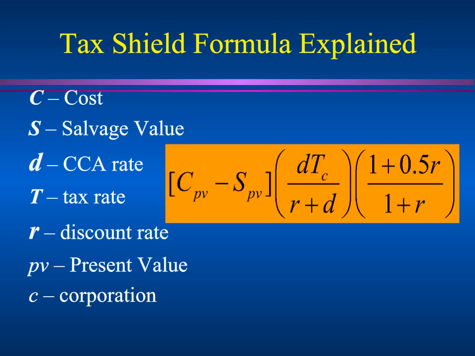Tax rate of your company, that's the income tax rate. Discount rate, that's the one you want to use. Maybe it's a hurdle rate or the cost of capital, same thing. Present value and the tax rate of the corporation, sorry. So that's all that means, is the income tax rate of the corporation.